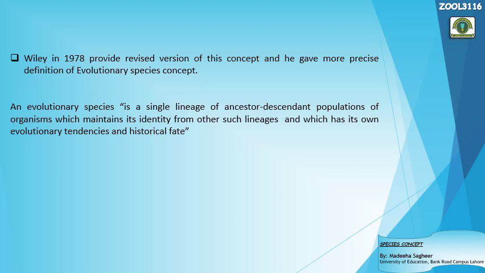Every species evolves in different ways. So an evolutionary species is only the species present in a single evolutionary lineage, and an evolutionary lineage is a line of ancestors and the descendants. All right.